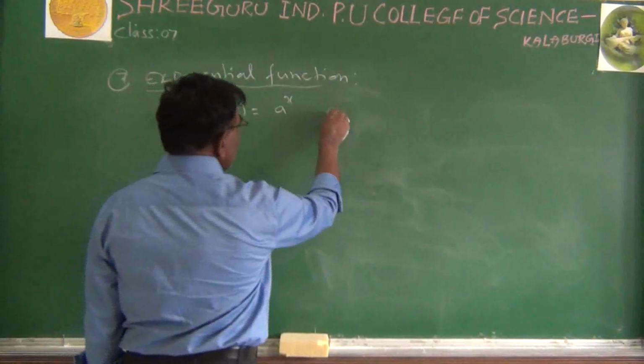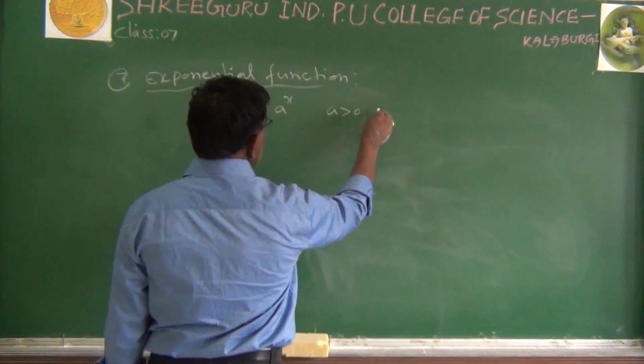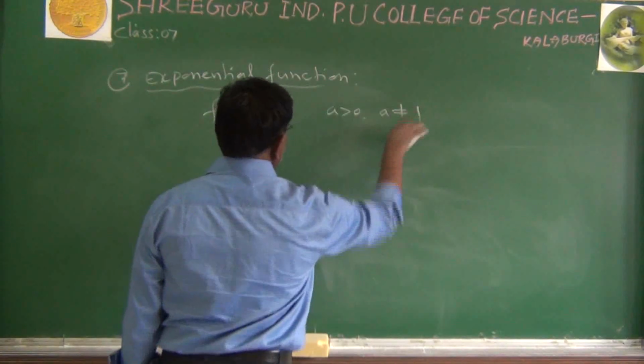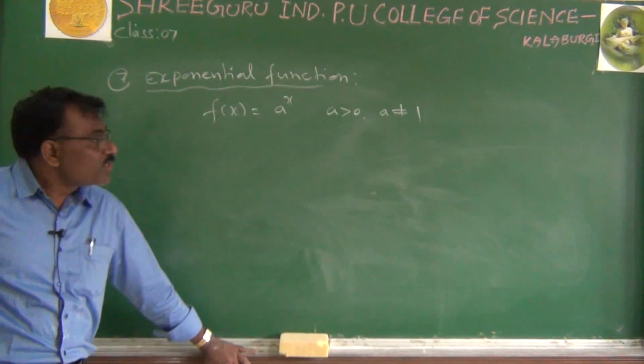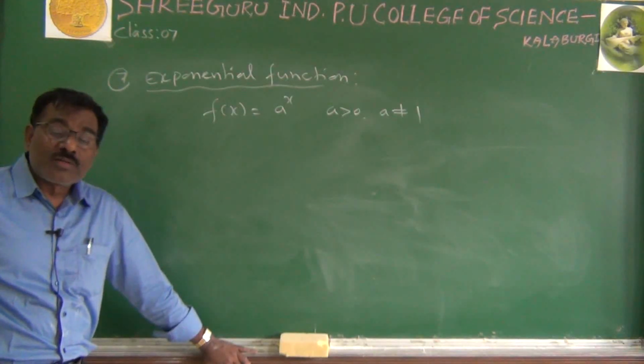What is the condition? a is positive and a is not equal to 1. These are the conditions: a positive but a not equal to 1. This is called an exponential function.